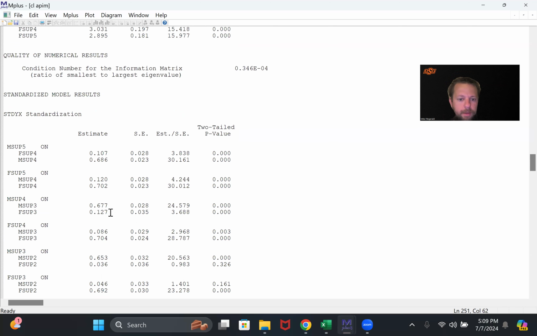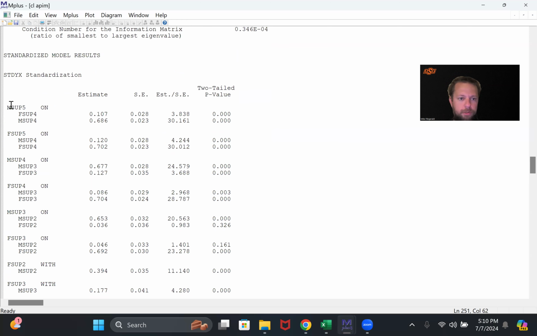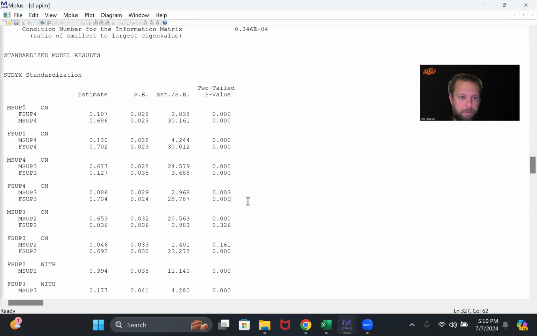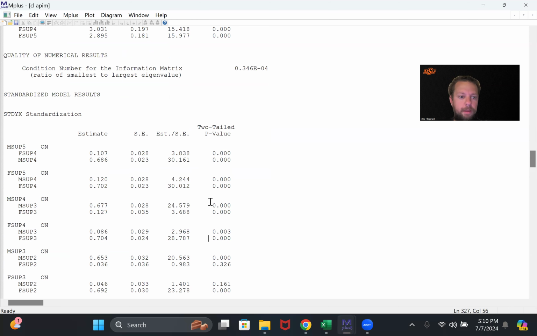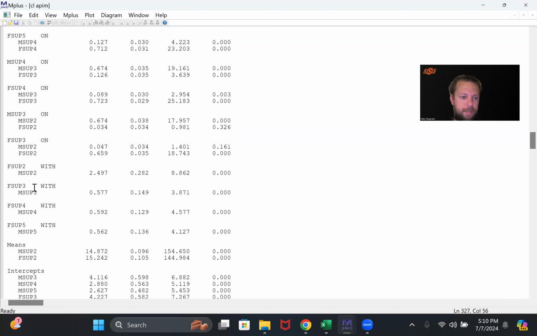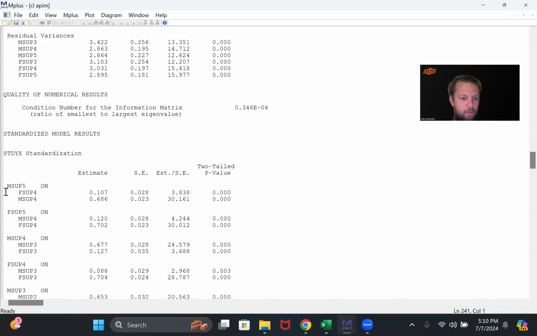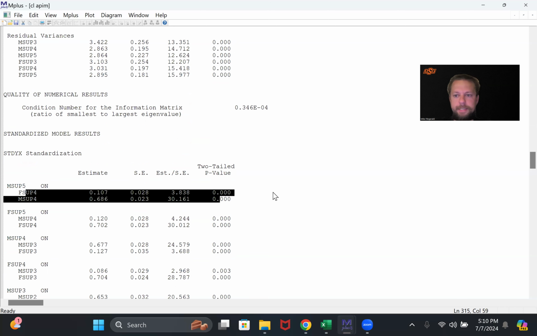All right. So you'll see our standardized estimates, and these make it a little bit more interpretable. But in this case, because we don't have any covariates, these are going to be about the same. So if you look at this, the effect sizes are 0.69, 104 and 693, 107 and 686.